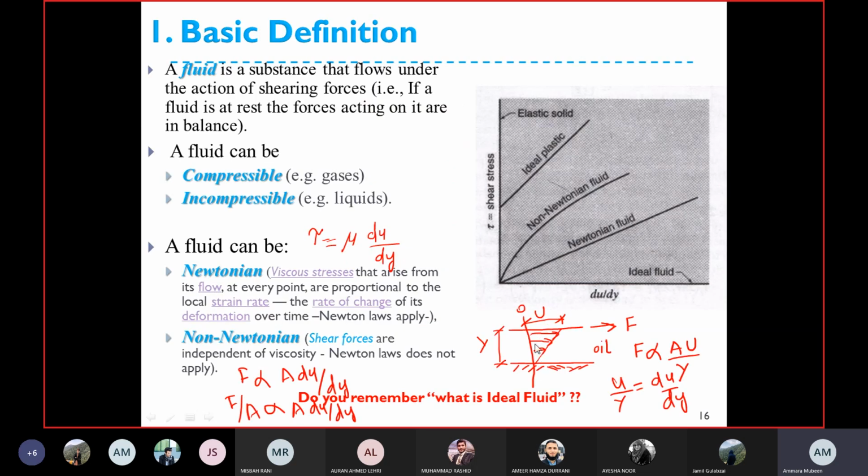Like the two plates are stationary and only fluid is moving in between. Can you give any example of that case, where the two boundaries are stationary and fluid is moving in between those boundaries? What can be the example for that scenario?